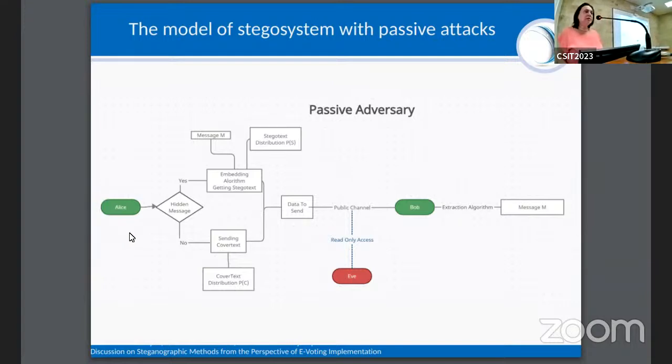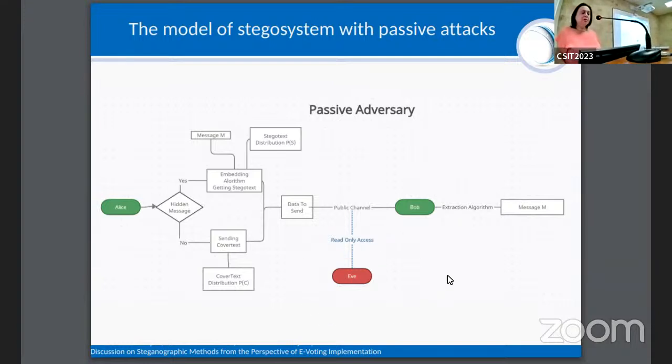But Alice is not always active. It means that in some data, the message can be hidden. The attacker, the adversary, why do we call him passive? Because he cannot change anything in the sent message. He has read-only access to this public channel. But his task is to find out: is there a hidden message in this text? Is it a cover text or is it a stego text?